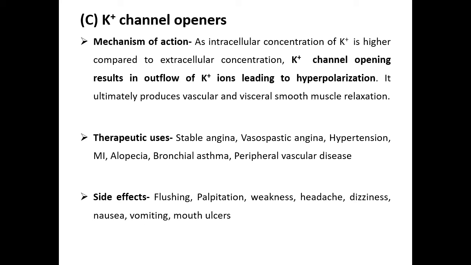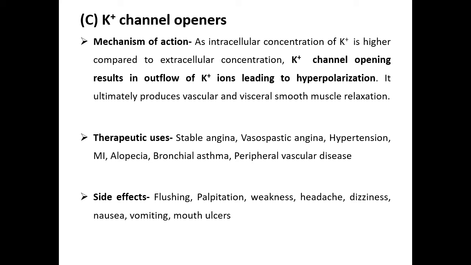The third category is potassium channel openers. As we know, if there is an opening of potassium channels, then there is movement of potassium ions from inside to the outside of the cell. This extracellular movement of potassium ions brings about hyperpolarization of the cellular membrane, because of the reduction of positively charged ions inside the cell.